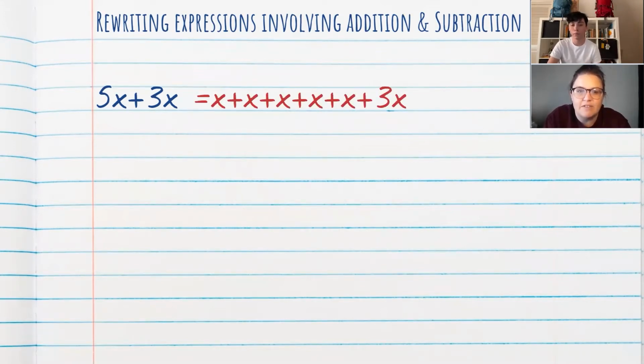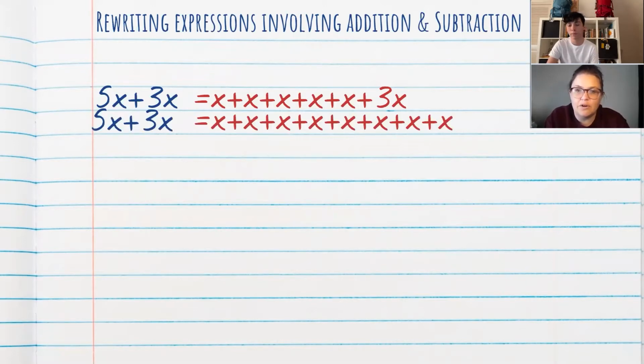So you can see that 5 times there it says x plus x plus x plus x plus x plus 3x. What would the next step be after we expanded the 5x out? So next we would want to expand out the 3x portion. And in order to do that, we're going to add 3 more plus x's at the end of our equation.